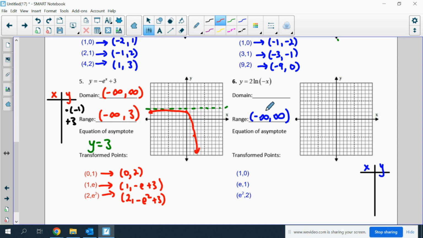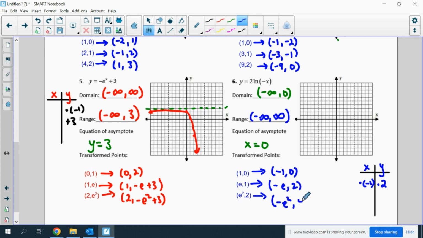And then finally, 2 natural log of negative x, multiply the y's by 2, multiply the x's by negative 1. So my domain for x will be negative infinity to 0 because I'm multiplying it by negative 1, but my asymptote will not change. And then my transformed points are negative 1, 0, negative e, 2, negative e squared, 4.